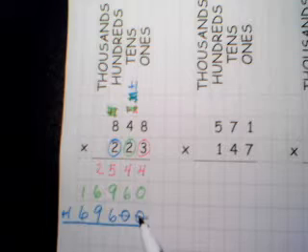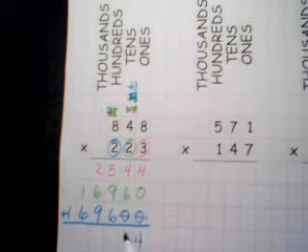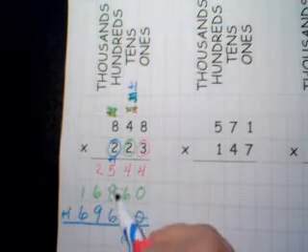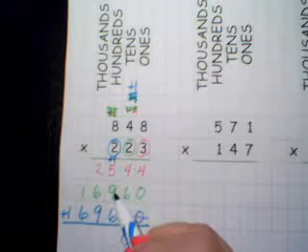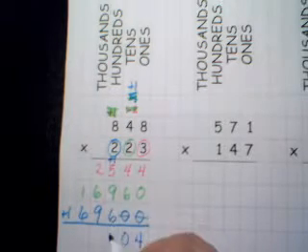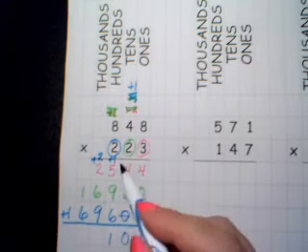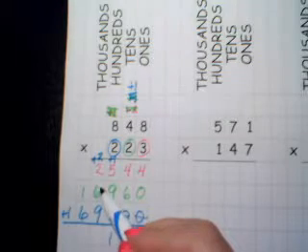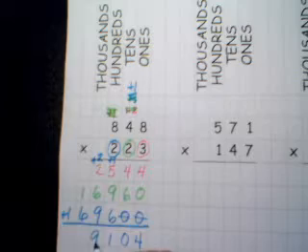So 4 plus 0 plus 0 is 4. 4 plus 6 is 10. We're going to carry our 1 up here. So now we have 6 plus 9 is 15, plus 5 is 20, plus 1 is 21. Okay? 9 plus 6 is 15. 15 plus 2 is 17, plus another 2 is 19.